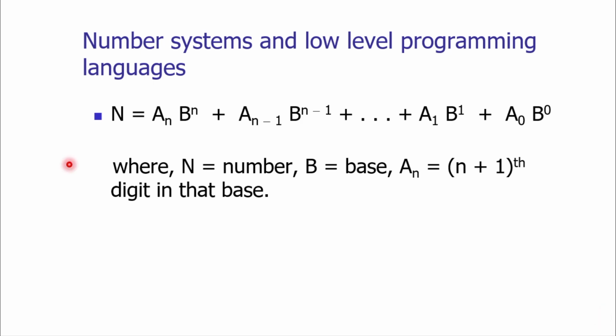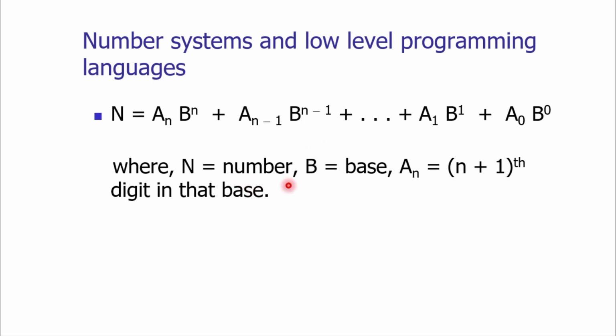On your screen you can see a formula which is used to convert a decimal number into a binary number. The binary representation can be found by using this formula: N is equal to a_n into b raised to power n, plus a_(n-1) b raised to power n minus 1, plus so on and so forth, plus a_1 into b raised to power 1, plus a_0 into b raised to power 0.